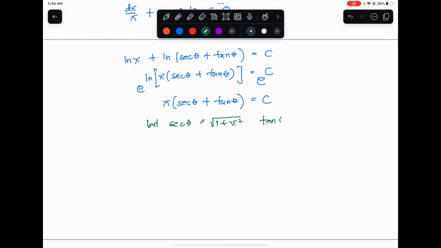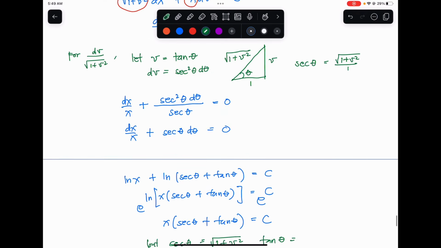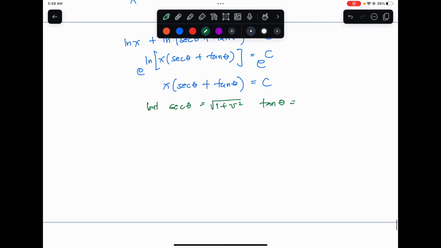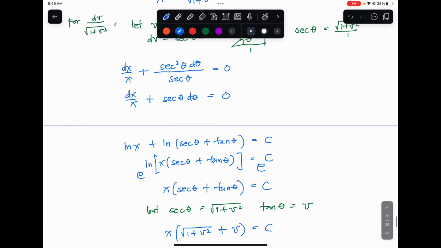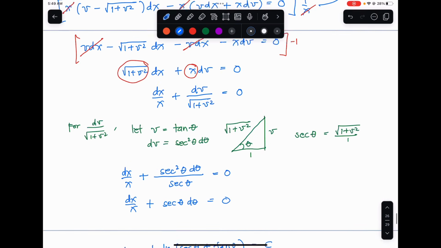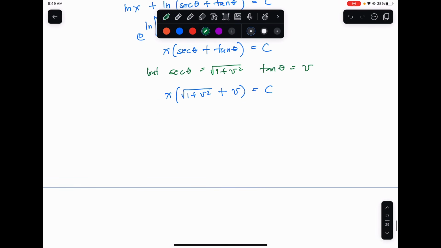And tangent theta is equal to v. So we substitute. So x times secant theta is the square root of 1 plus v squared, and then plus tangent theta, which is v, is equal to c. But then again, we made a substitution that y is equal to vx.